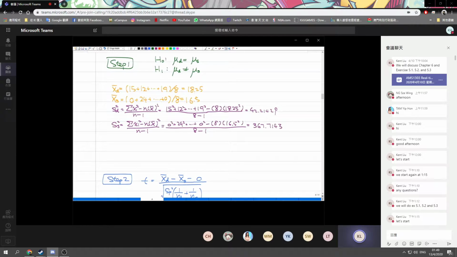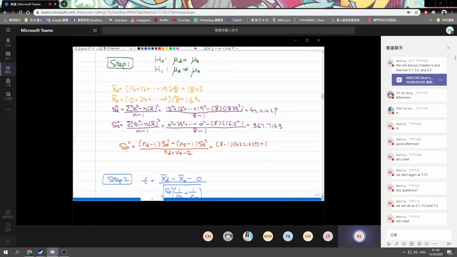So now at the end of this stage we can calculate the pooled variance. You fill in the numbers carefully one by one.